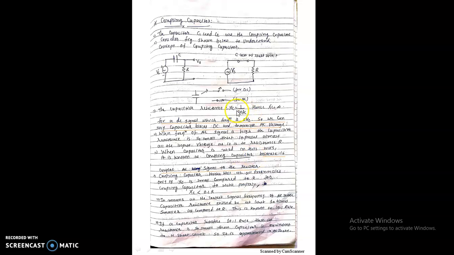Basic equations you already know. Xc equal to capacitive reactance, Xc equal to 1 by 2 pi fC. For a DC signal, f is equal to 0. So from this equation, Xc equals infinity. So we can say that the capacitor will block the DC and transmit AC voltage.